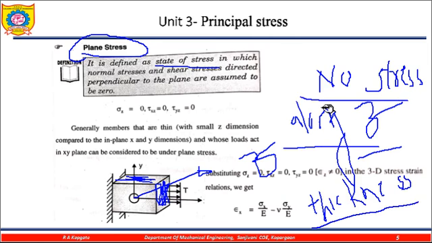So no stress along the z axis or along the thickness, that condition is called the plane stress condition.